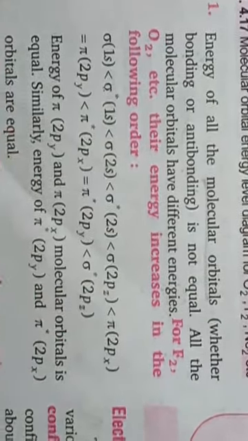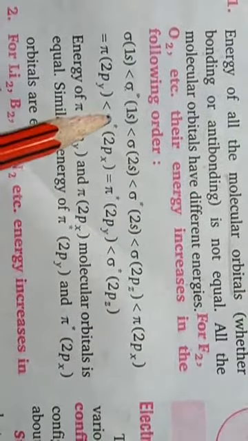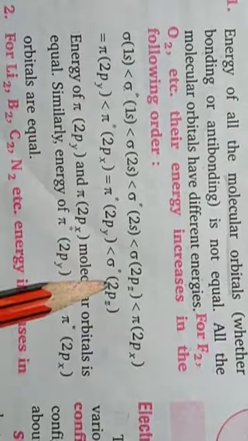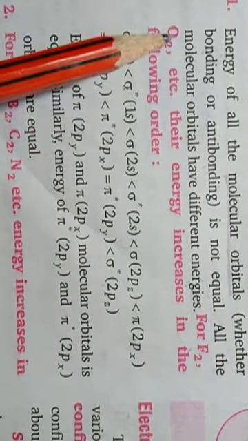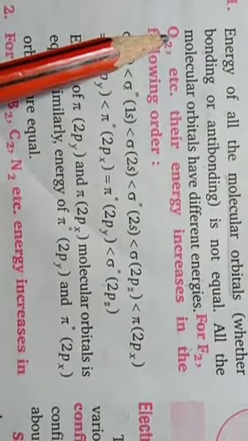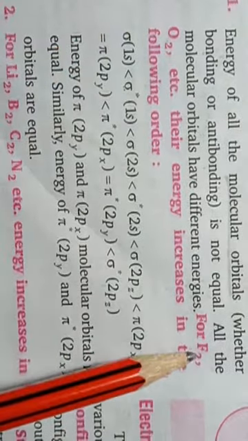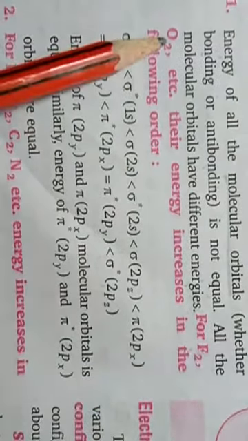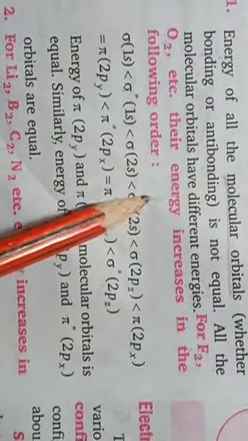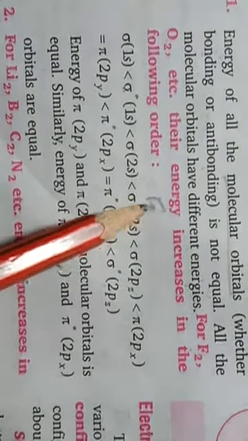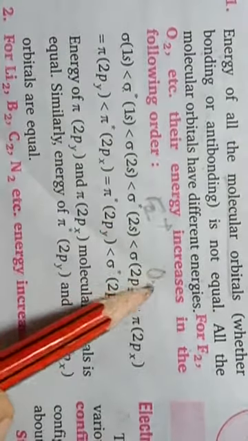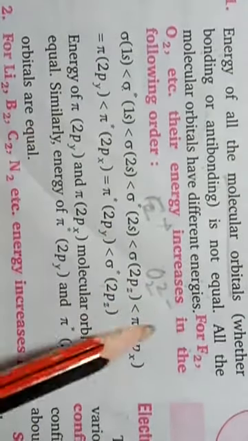So this is the sequence for the filling of the different molecular orbitals in the units related to oxygen and fluorine, like F2 and O2, or F2 plus ion, O2 2 minus ion, and so on.